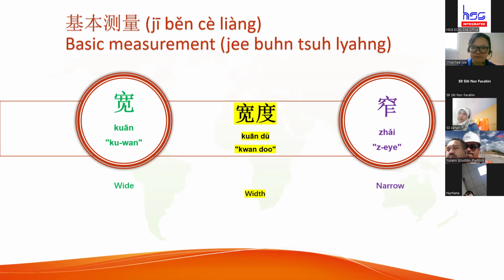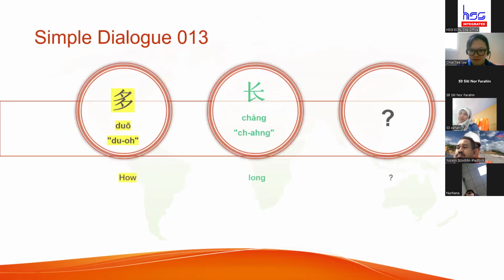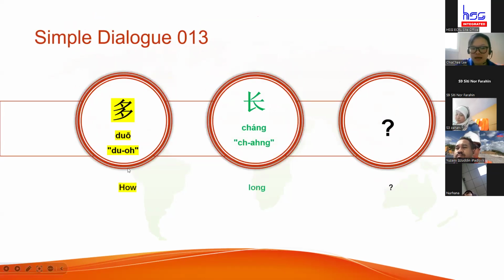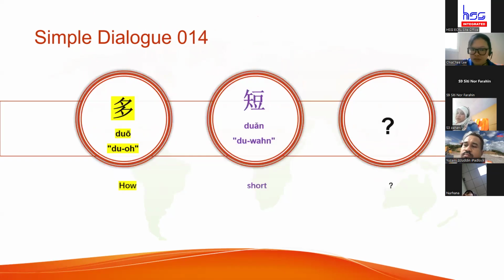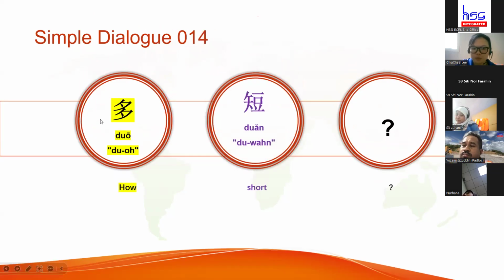Then we recap the first sentence structure we had 2 weeks ago. When we want to check how long, we say 多长. When we want to check how short, 多短.